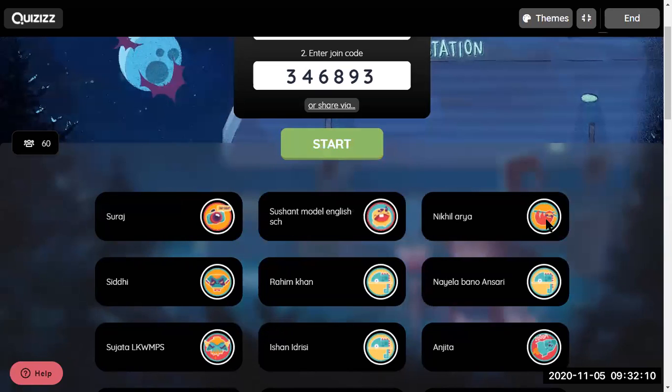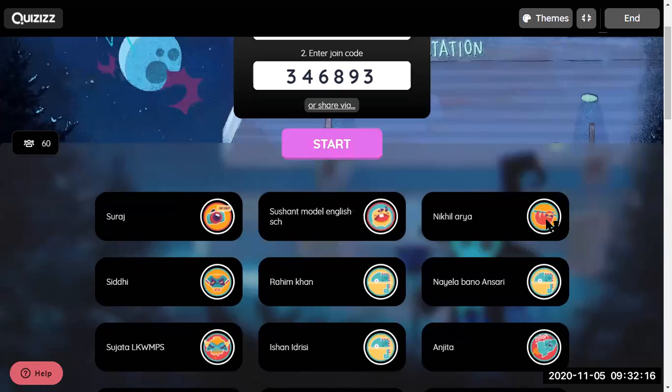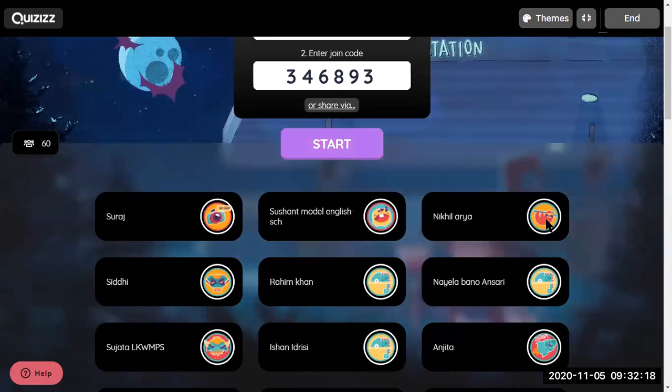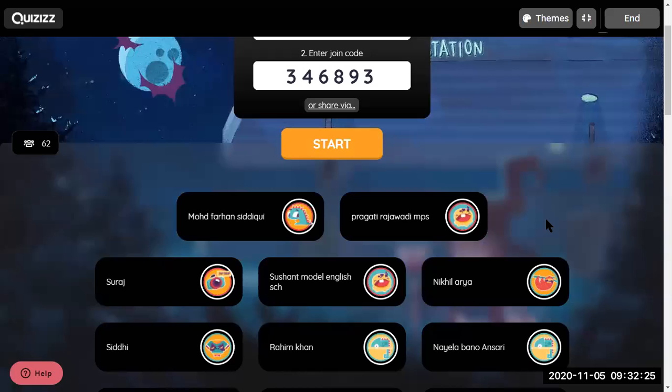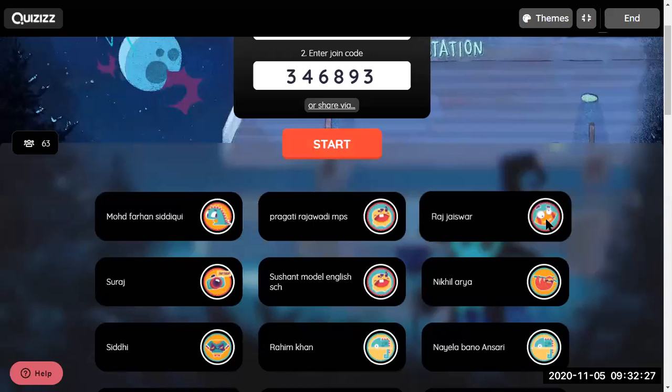Once you click on that, it will ask for a code. The code is 346893. And when you enter this code, it will ask for a name. Enter your name, and you will be here on the dashboard. Just 2 steps. Enter the code and your name, and you will be here.